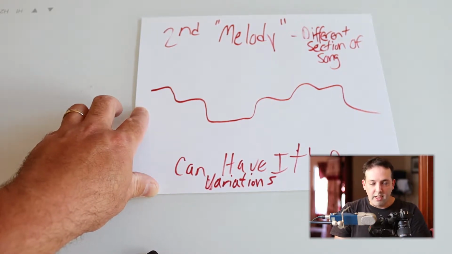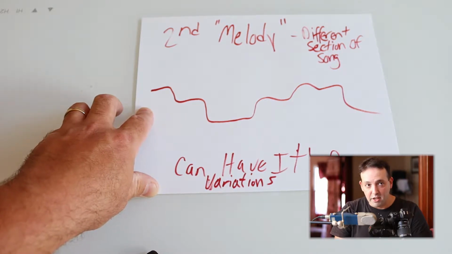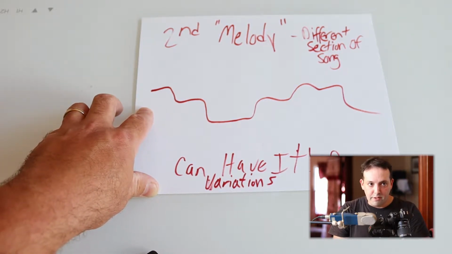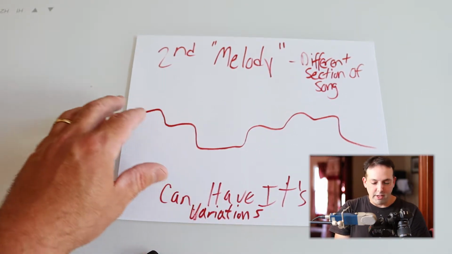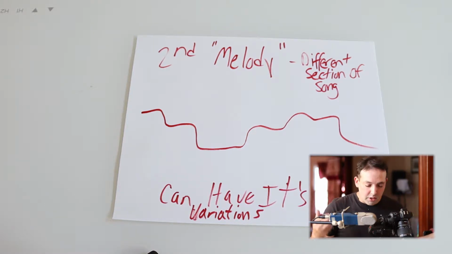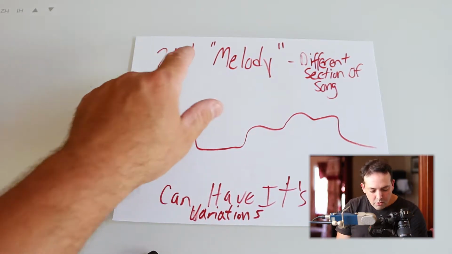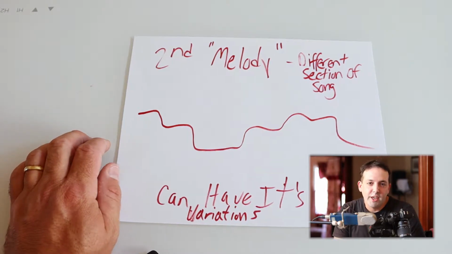And in the history class, I learned some of the terminologies, but I don't recall receiving any knowledge of this, like what you actually call this term. So I'm going to call it the second melody. Maybe some of you guys out there actually know what this is really called. But I'm going to call it the second melody, because that's the way I see how it functions in real life.